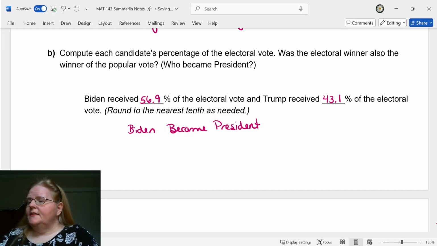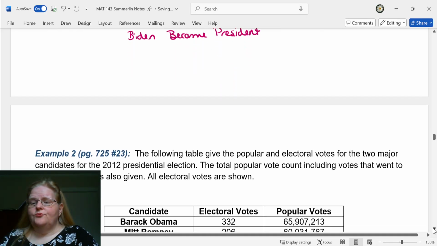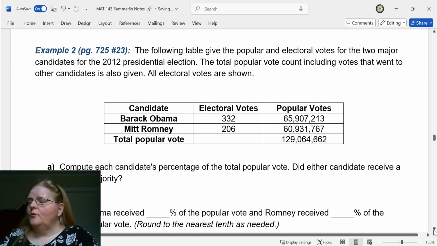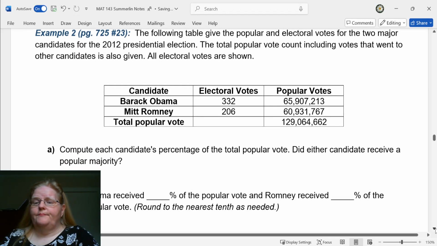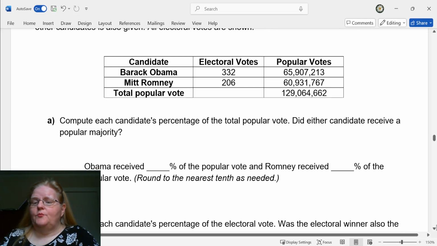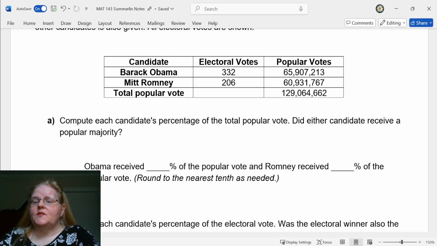Okay, I did example 1. You try example 2 real quick. Let's see how you do. They don't tell you in example 2 what the sum of the electoral votes is. That changes every single year.